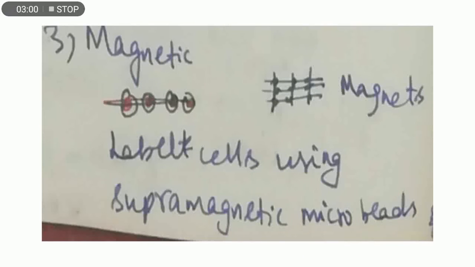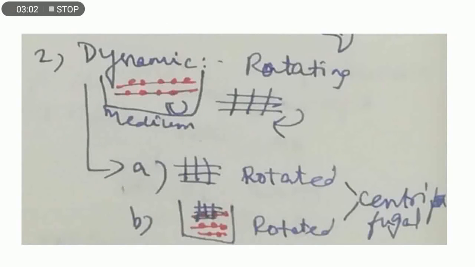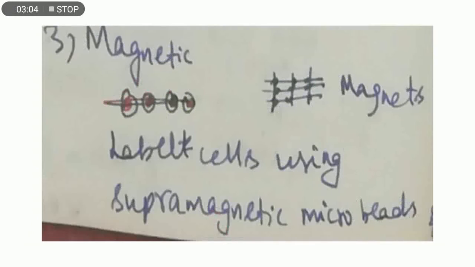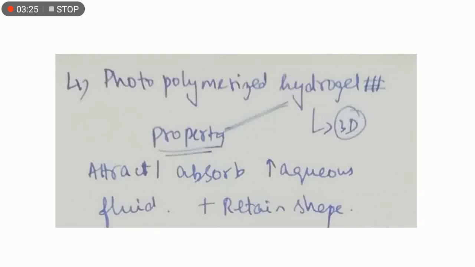So it is going to be of high efficiency and also rapid seeding, along with uniform distribution. Magnetic ones could also be done. The cells are labeled with superparamagnetic microbeads, and the scaffold is coated with magnets, so those two will attract each other, and they will be very good. However, there's a disadvantage that it can become toxic.